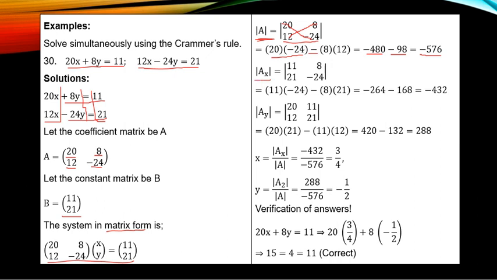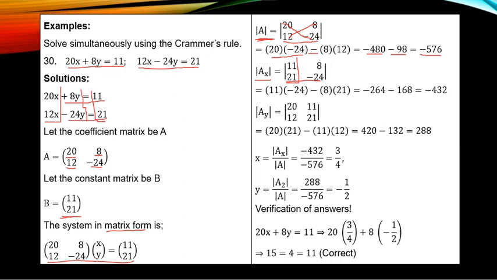When you are done with that, you look for determinant of A sub S. That is the coefficient matrix alongside variable S. This is the coefficient matrix. But what do you do now? You replace the S column with the constant matrix. You see the constant matrix is 11 and 21. So you replace the S column, the S column 20 and 12, with the constant matrix.